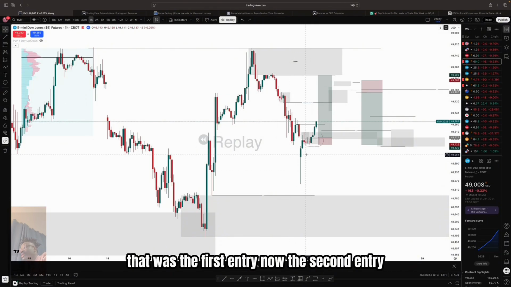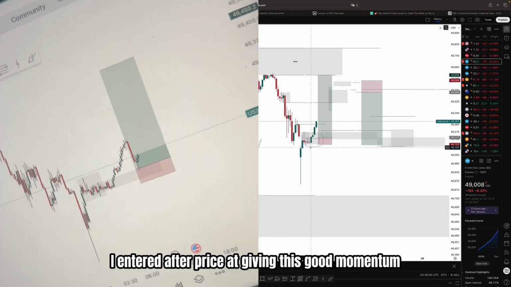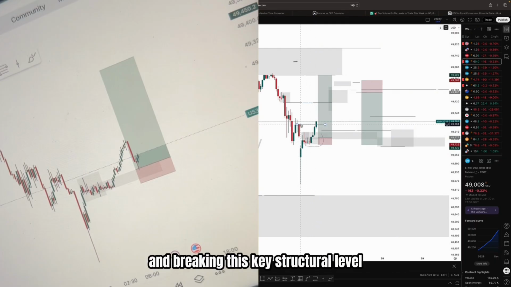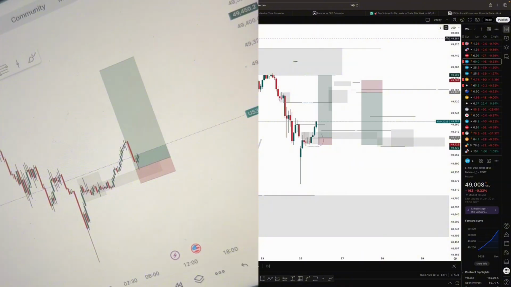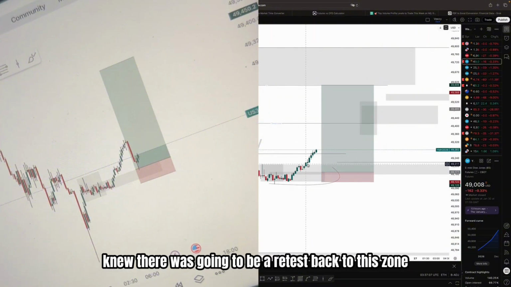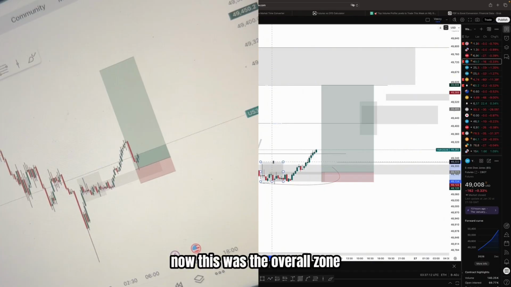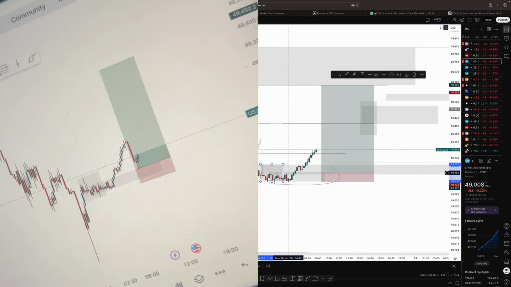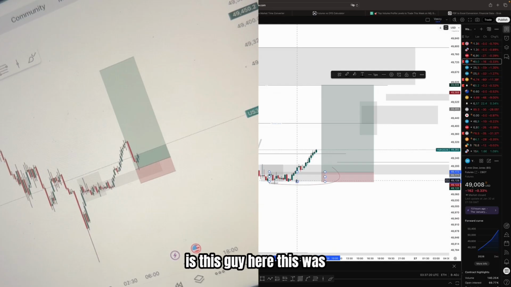Now the second entry I entered after price had given this good momentum break to the upside, breaking this key structural level. I then knew there was going to be a retest back to this zone. Now this was the overall zone, but the controlling demand in this zone is this guy here.